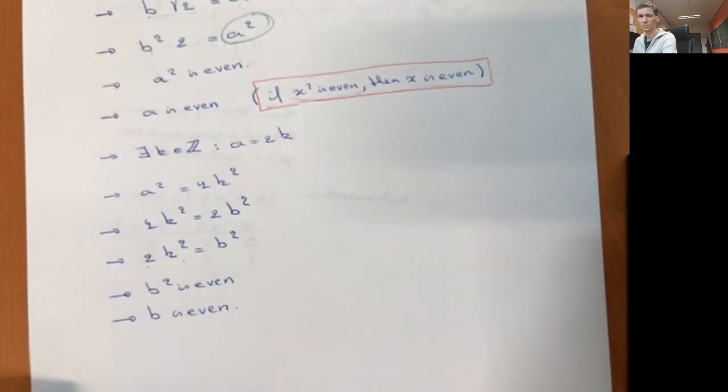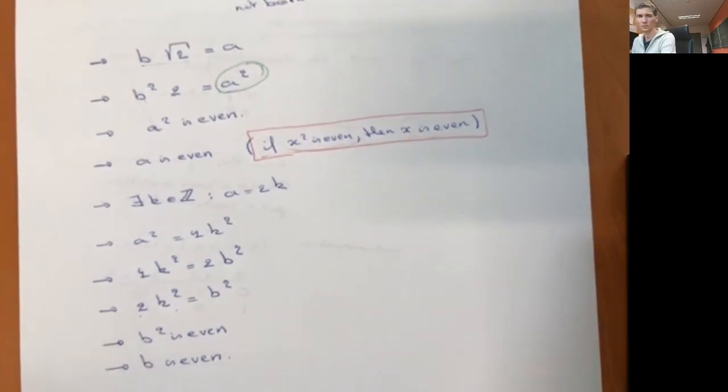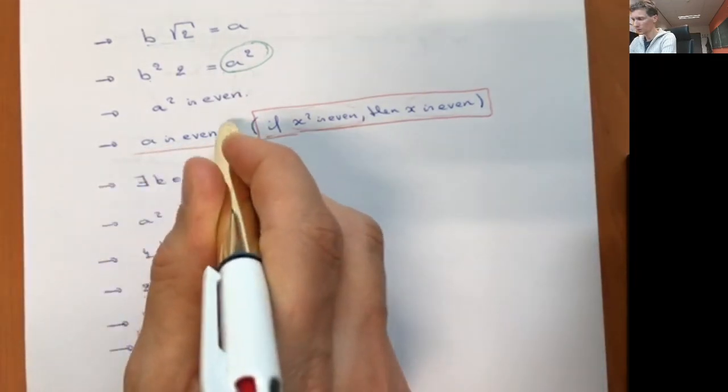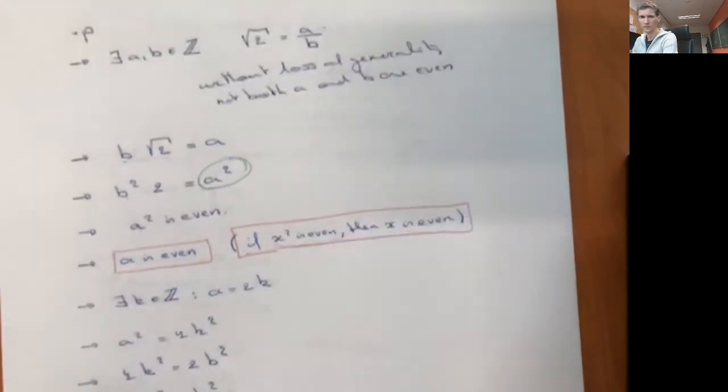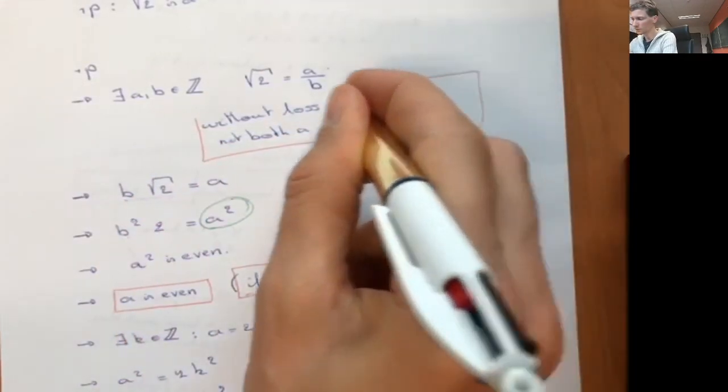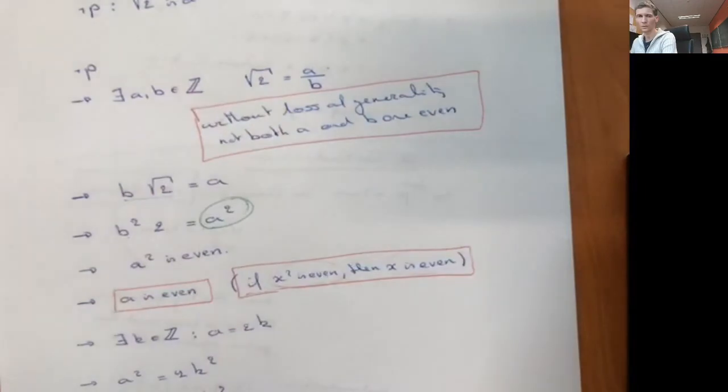And then you can use this same result again to show that B is even. And now you have to be smart enough to stop. And then you say, stop, I have found the contradiction. So what's the contradiction? First we found that B is even. Along the way we also had that A is even, but somewhere upstairs here we assumed without loss of generality that not both of them are even.